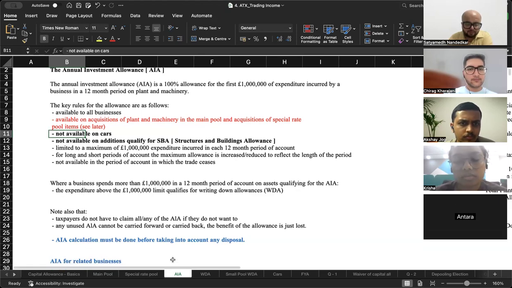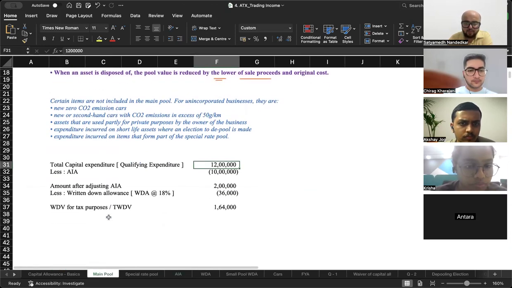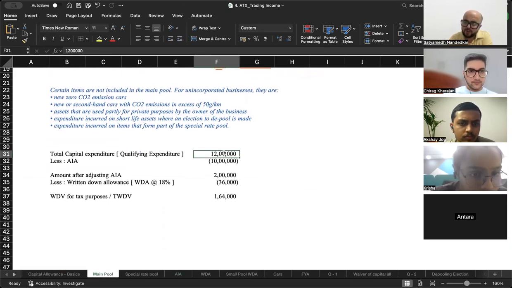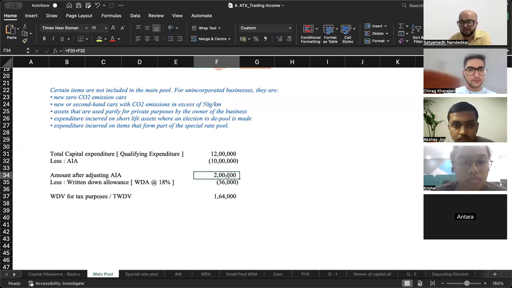Now, say for example, your main pool total qualifying expenditure is 12 lakh. From that you subtract AIA of 10 lakh, you are left with 2 lakh. So this 10 lakh that you subtract in one shot is your annual investment allowance. This is per year 10 lakh.